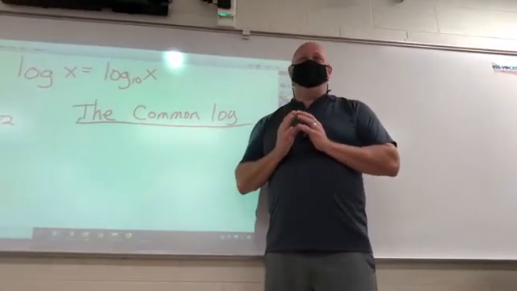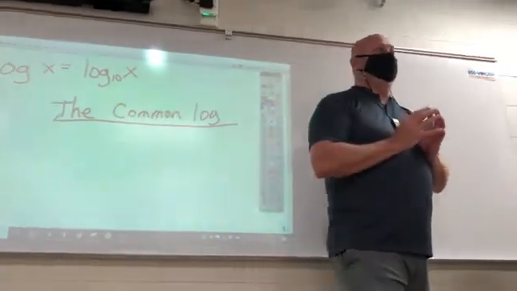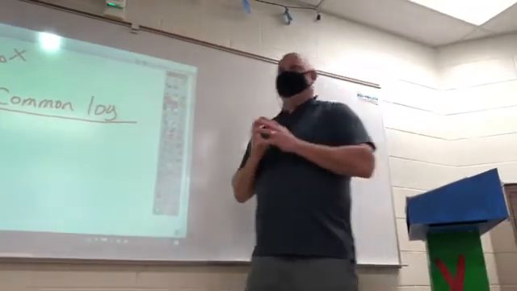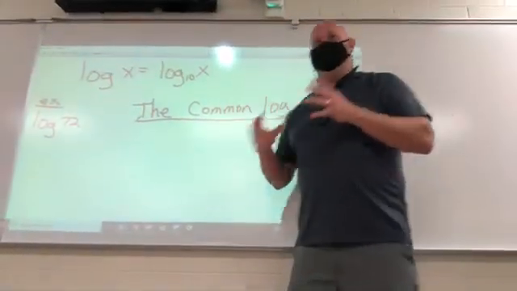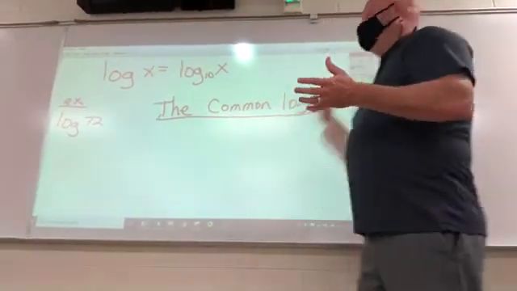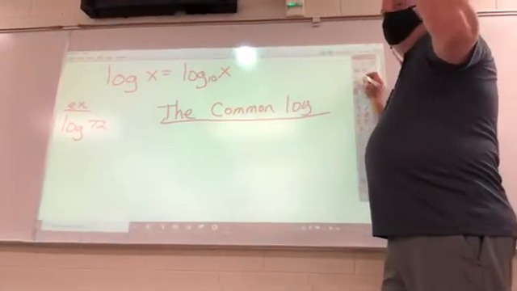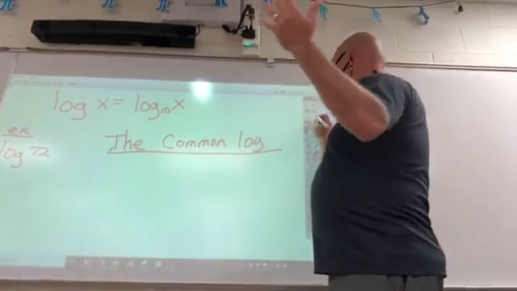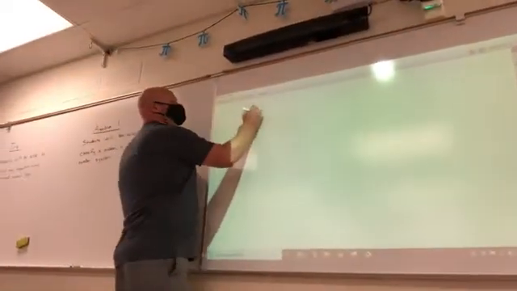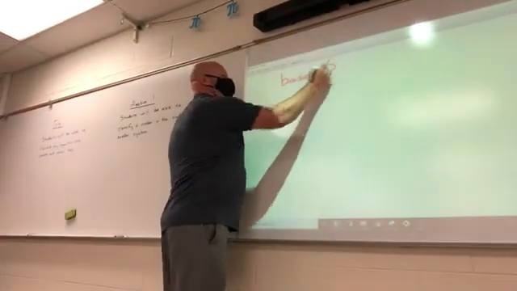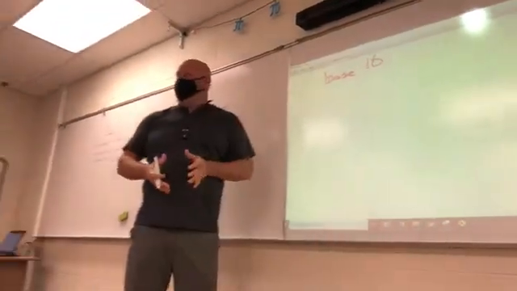It's the same reason why if we ever meet the aliens, they're not going to use a base 10 number system. Anybody know why we use a base 10 number system? We have 10 fingers. That is absolutely the reason. What a base 10 number system means is there are 10 symbols.